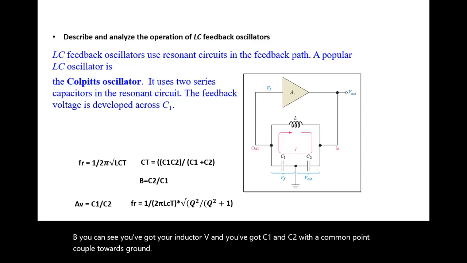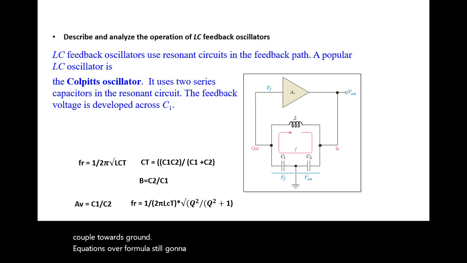The equations or the formulas you're going to need to calculate or to design an LC feedback oscillator, or more particularly the Colpitts oscillator, is FR is 1 upon 2 pi square root of L CT.